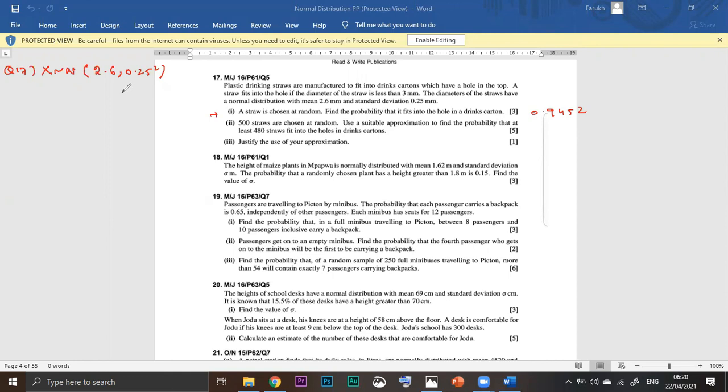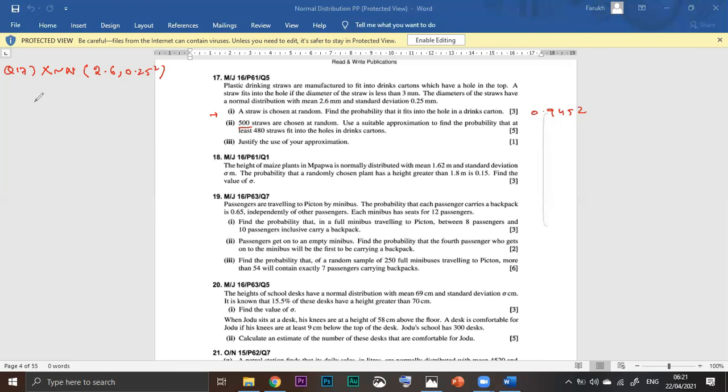Now, 500 straws. We will count the straws, or measure how many of them fit into a particular hole. This one is a binomial distribution.